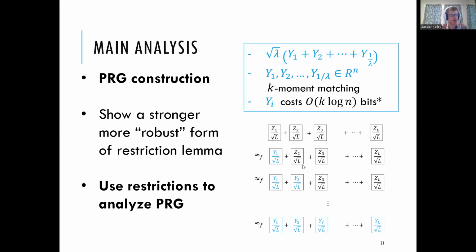And then why might a restriction lemma help you? Well, if you just look at the difference between 2 rows here, we want to think about this as a function in Z2, or Y2, both of them. And everything else you can call X. In the sense that we're going to fix it to something, and then we hope that as a function of the second variable here, it's a simpler function.